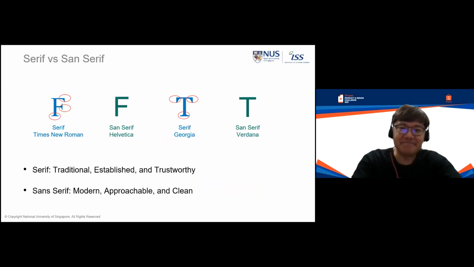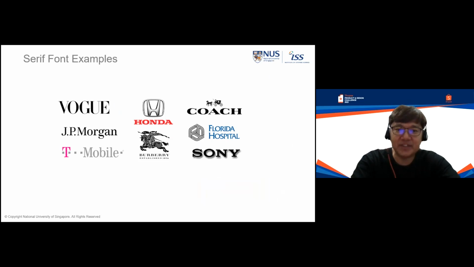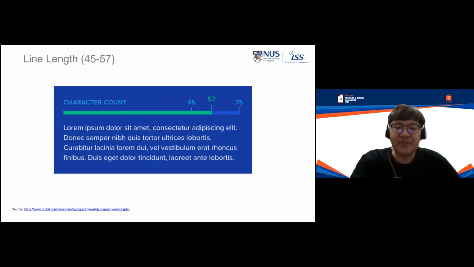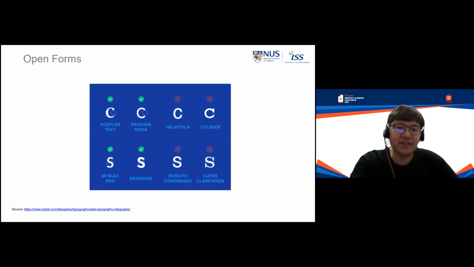And typography, I just want to bring out some of the key things. When you design for different interfaces, watch out for your text size, right? If you design for a mobile phone, the text shouldn't be too small to read. And the length of the paragraph also has some principles to follow.